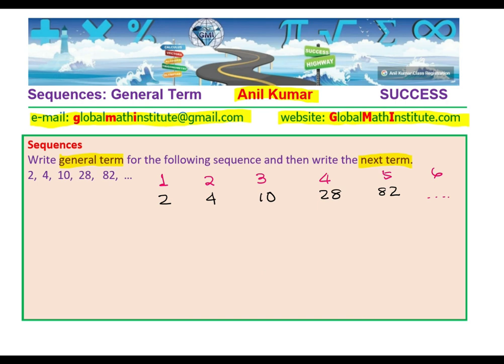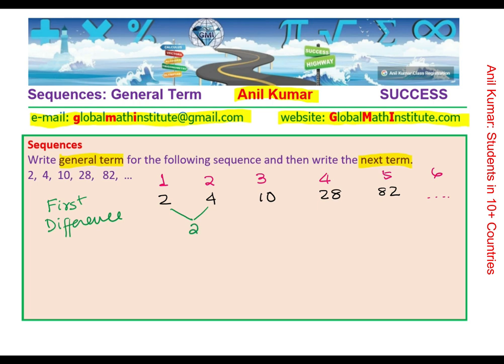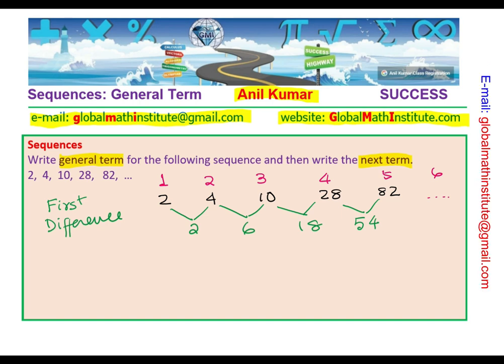So let's begin with the standard method of finding the first difference. 4 minus 2 is 2, 10 minus 4 is 6, 28 minus 10 is 18, 82 minus 28 is 54. So what we notice here is that the first difference, 2, 6, 18, 54, is exponential in nature.